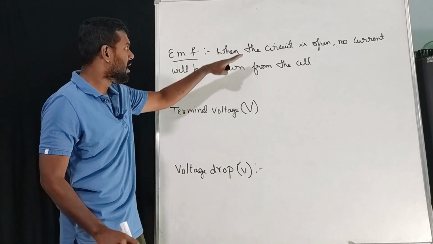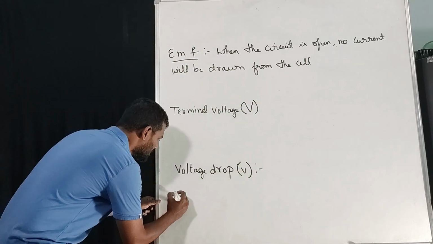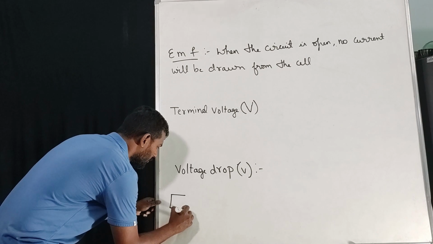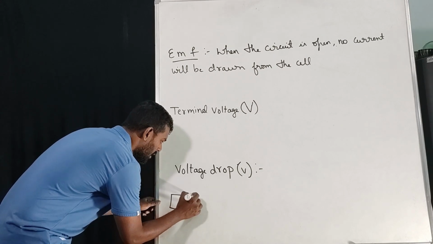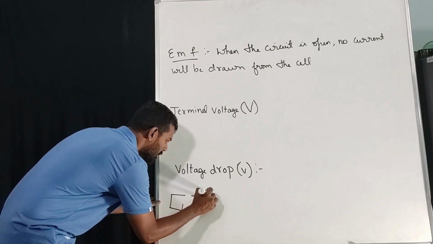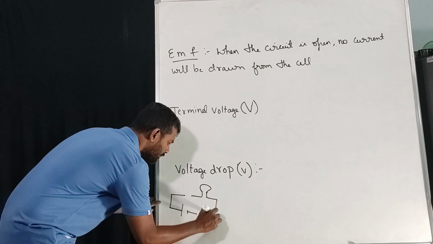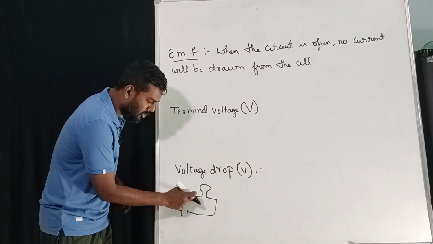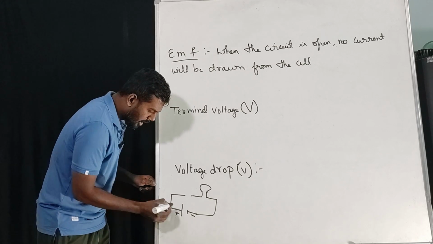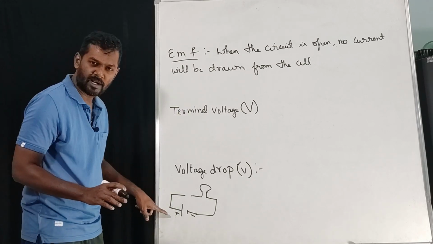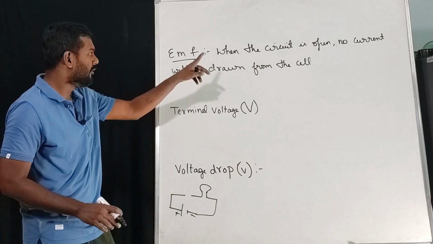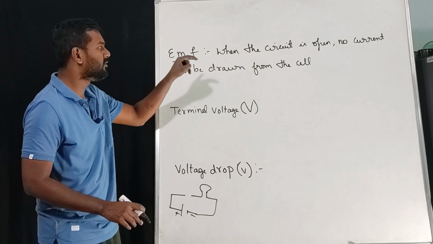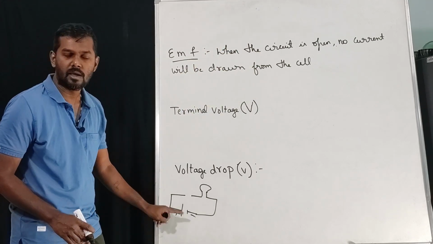Is it correct? Listen, when the circuit is open, I'll draw the circuit. Assume there is a bulb. Now, when the circuit is open, current will not flow. That is what I have written here. When the circuit is open, no current will be drawn from the cell.